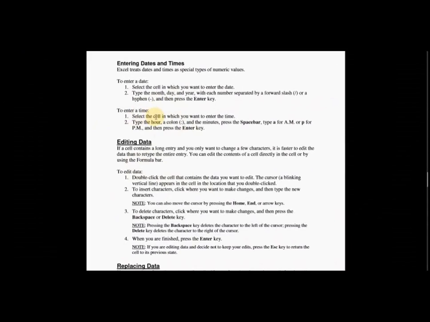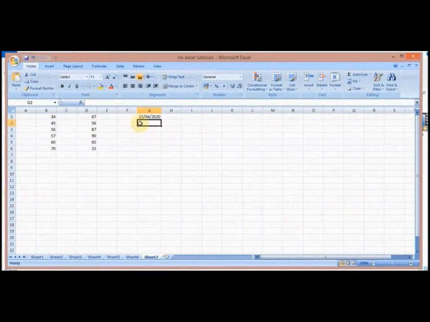Okay, now let's enter the time. In entering time, you select the cell in which you want to enter the time, type the hour, then you put a colon, the minutes, then after the minutes you press the space bar from your keyboard, then you type A, which indicates AM, or you type P, which indicates PM, then you press the enter key. So let's do it. Let's type, say 12:30, 12, then the colon. How do I use the colon?